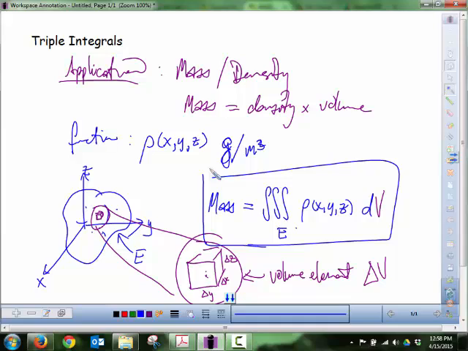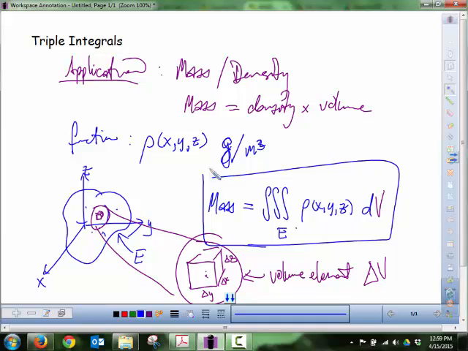This one, it's harder to think about balancing this on a particular pin, but we can think about maybe drilling an imaginary hole and then holding this object, this solid, by that point somewhere in the middle to balance out and make sure it doesn't move one way or the other. That would be the center of mass. And then the average value business, so all those applications that we've had before can also work here.